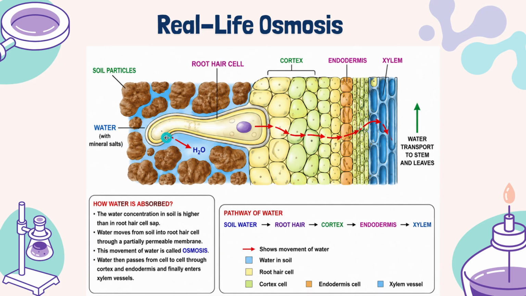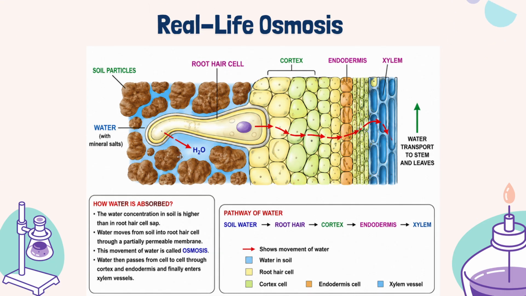So through osmosis, from low solute concentration to higher solute concentration, water moves from the soil to the root, and hence the water travels and ultimately reaches the xylem, and the plant gets water. So the root hair absorbs water from the soil through the process of osmosis, right? Osmosis plays a role in root absorption of water from the soil.